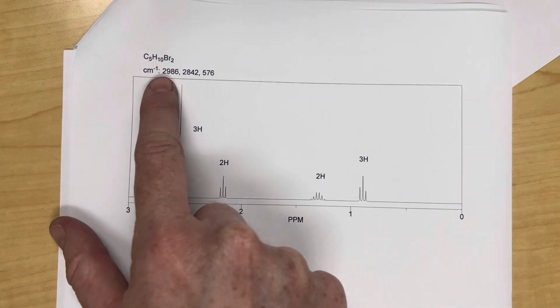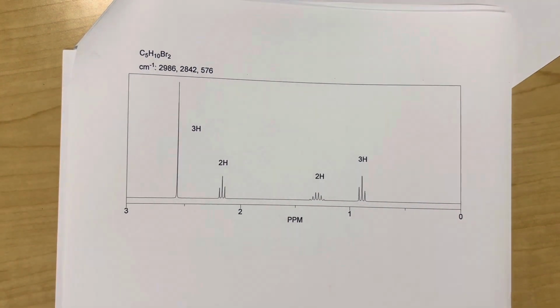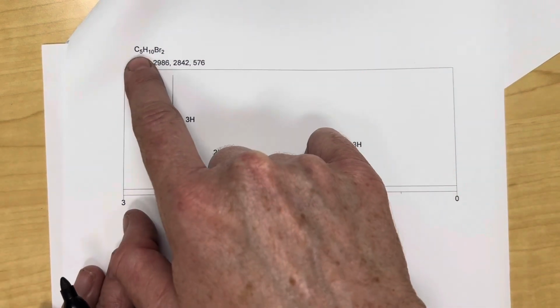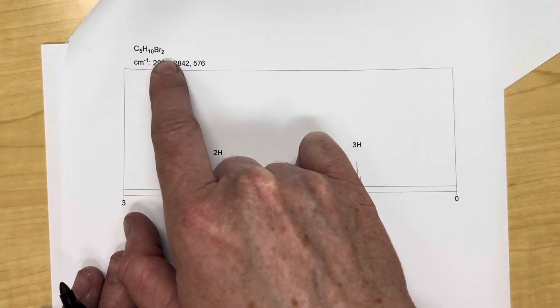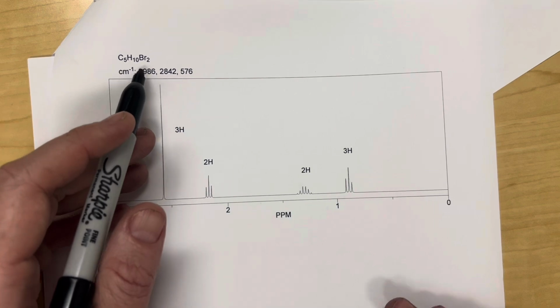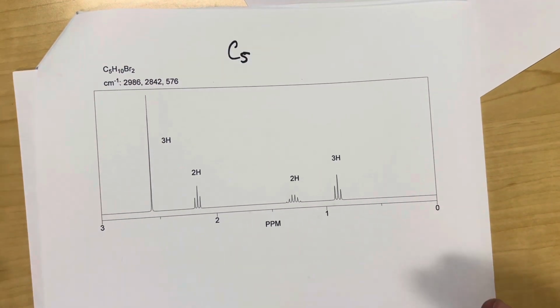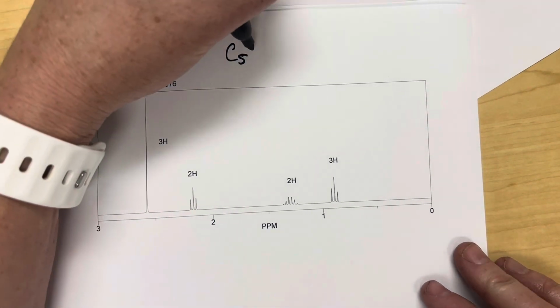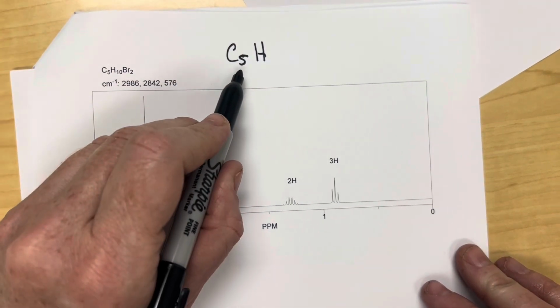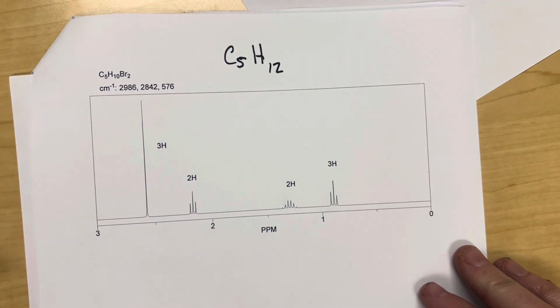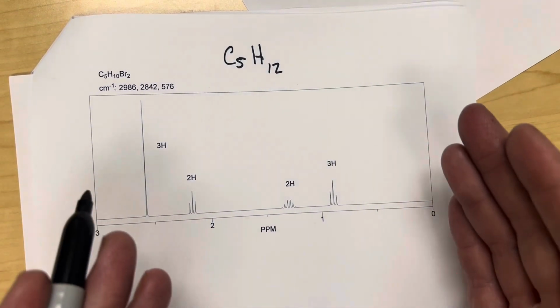For now, I can just tell that this is an alkane, and we can also figure that out from C5H10Br2 using the degrees of unsaturation. Remember, if it had C5 with 0 degrees of unsaturation, you take 2 times 5 and then add 2, which is 12.